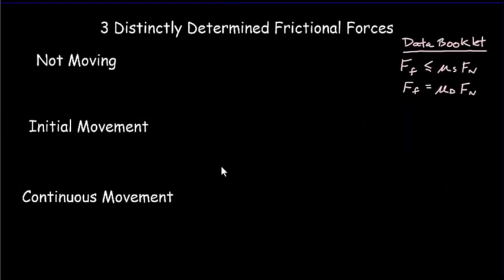Now, if we want to calculate frictional forces, we have to distinguish between three distinct cases. The first case is when our object is not moving. So we can imagine this situation. It's not moving, therefore the forces must balance out. So if we push with a force P, then the frictional force is going to be equal to P. Those two have to be the same size.